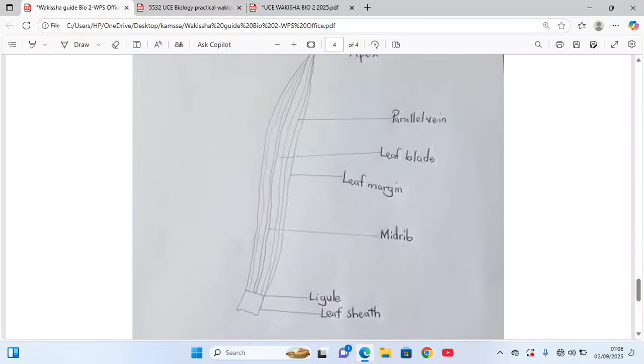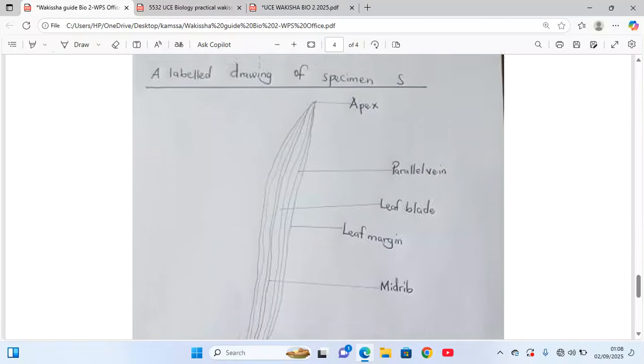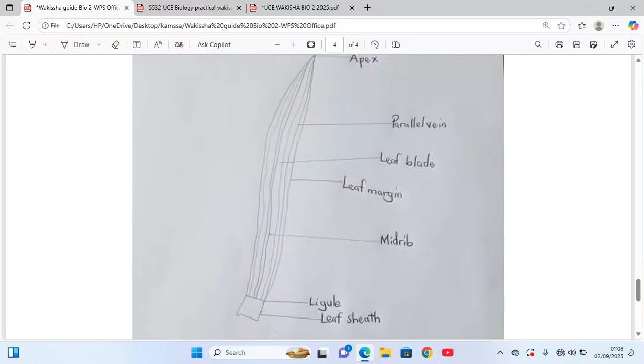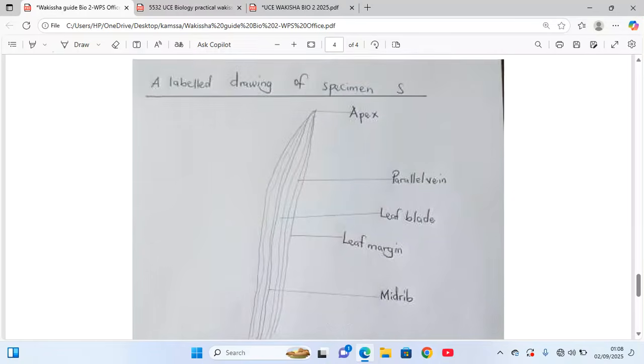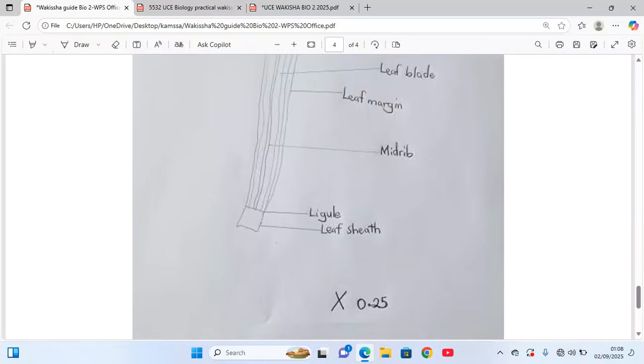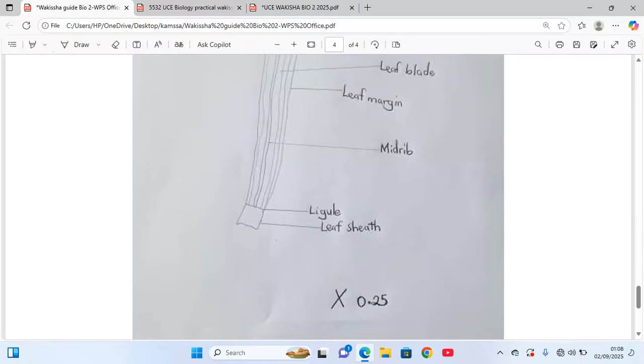Okay, another thing is that it should have labels, should be labeled, and labeling lines should not be crossing each other, and to be neat and clean. You can see how I put them in one direction and very organized. It can go to another direction, but what is so important is the organization.